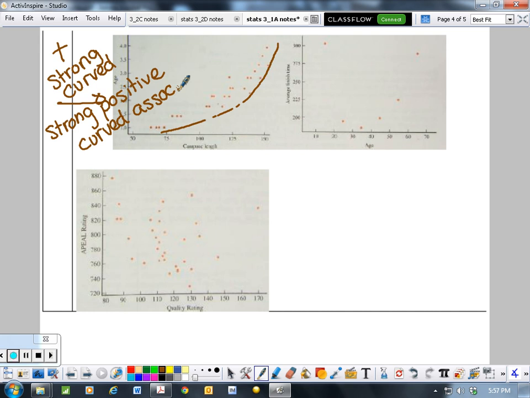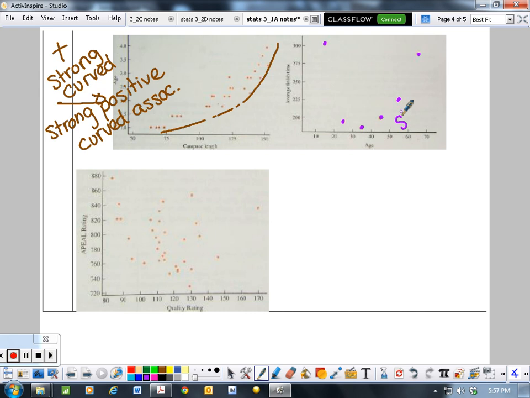Now our next one does not have a lot of points at all. So when we're looking at it, we've got a point here, a point here. Almost looks parabolic. But there's just not really a lot of points, so it's really hard to tell. But it almost looks like you could have a continuous curve.